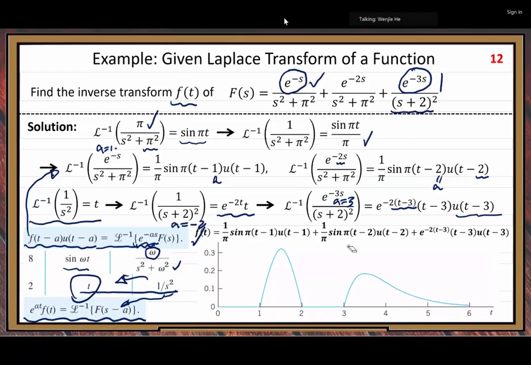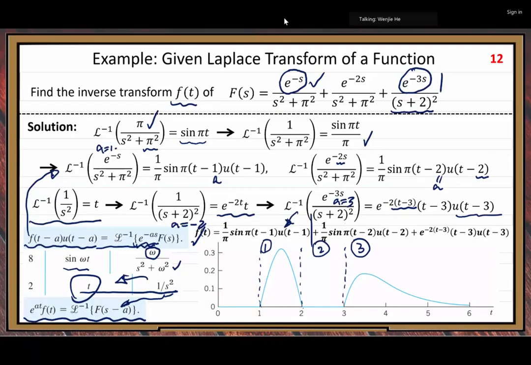So here, let's divide this graph into several pieces: piece 1, piece 2, and piece 3. In piece 1, only the first term has contribution, because the second term and third term haven't started.